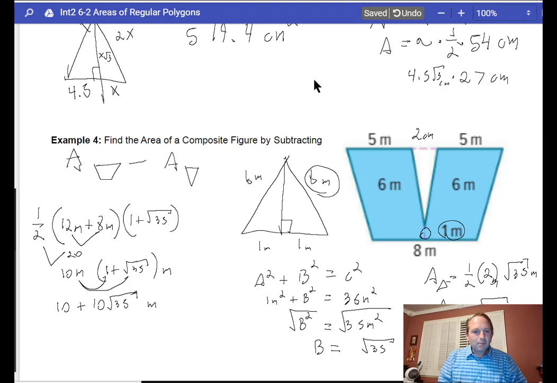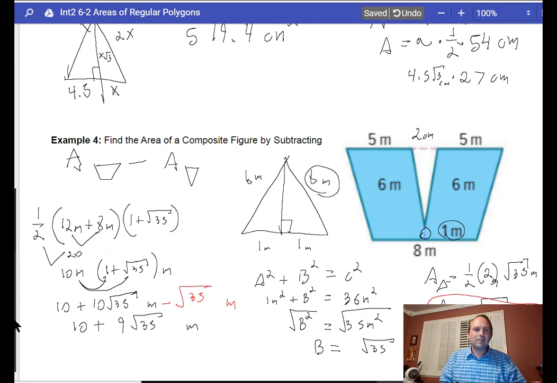And remember, this is the area of the trapezoid, and we have to take out the area of the triangle. So we're going to take out this radical 35 meters right here. And if we did that, 10 bacons minus a bacon would be 9 bacons. So we'd have 10 plus 9 radical 35, and then all that in meters.